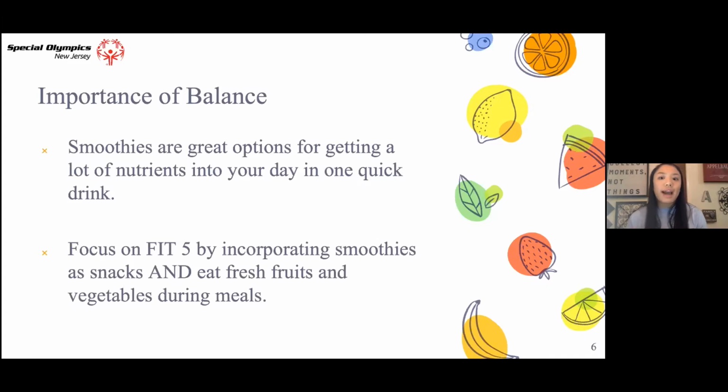And this might look like adding them to our meals, like how when we made our plates last week, we had the 5 different food groups on our plate to create a well-balanced, varietized plate. So just something to keep in mind with smoothies is that they are a great option for this, but again, they're not the only option. There are tons of ways to enjoy fruits and vegetables in your diet every single day, not just from blending them, but of course, blending them is also a fun way to incorporate them.